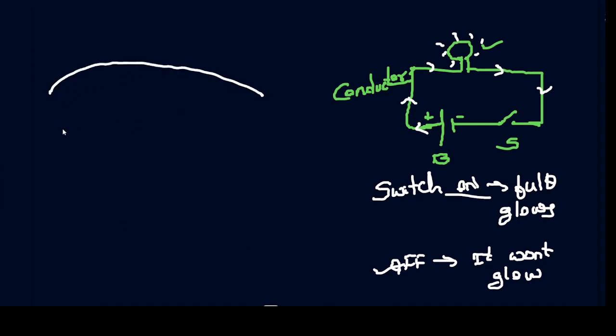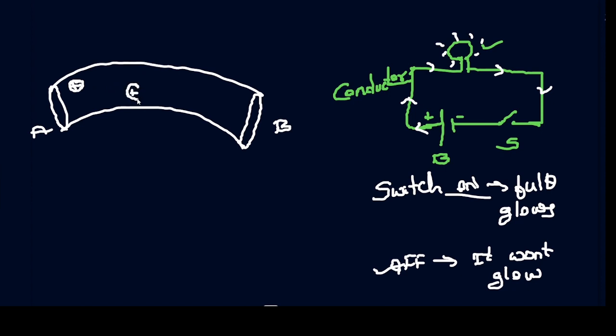So here I am explaining again while taking a conductor. Here I have taken the same conductor, with ends A and B, right? In this, the positive charges are all fixed. There is no hope of motion of positive charges because they have fixed locations.